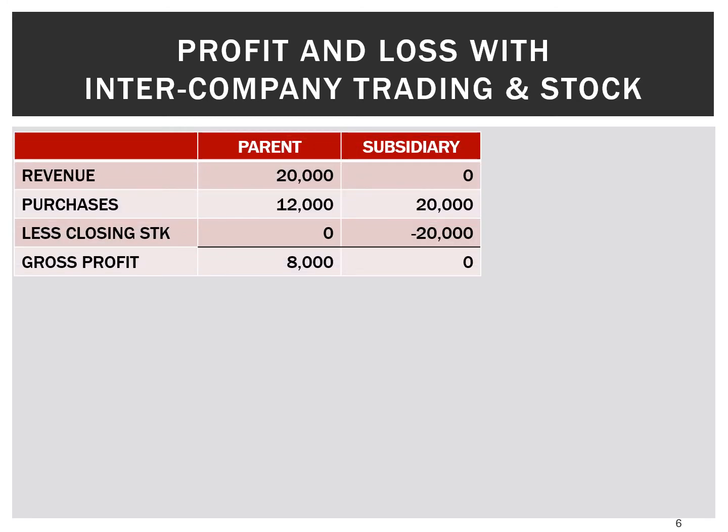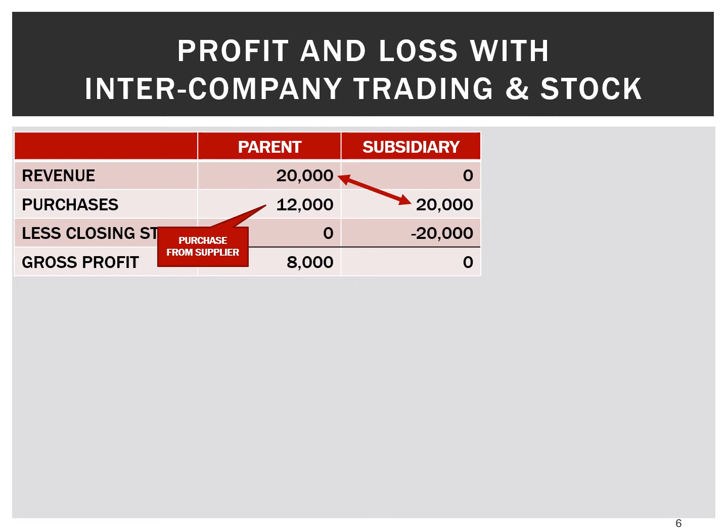So here we've got a simple example of a parent and a subsidiary company. The parent company buys the goods from an external supplier for 12,000, and as before it sells those goods at a profit to the subsidiary company. But this time the subsidiary hasn't sold those goods to an external customer yet.